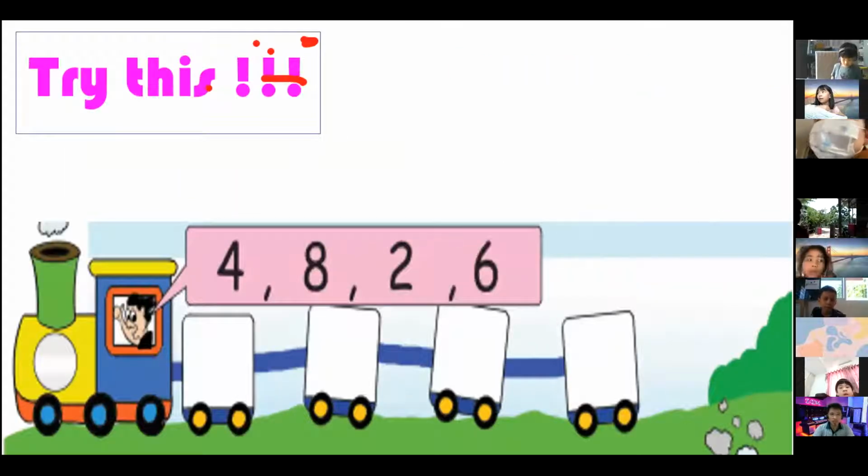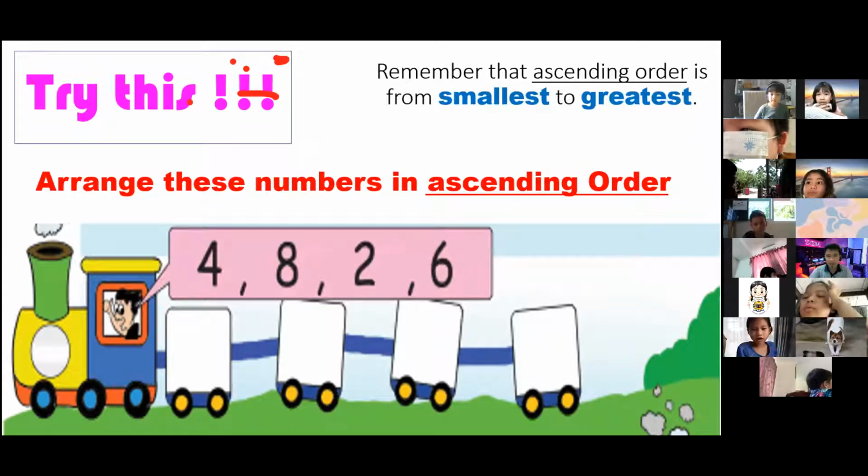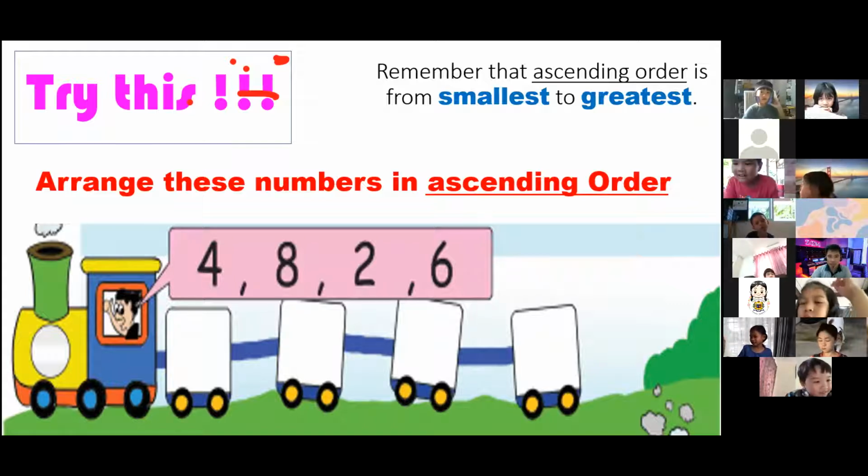Now let's try this one. Let us arrange these numbers in ascending order. Remember that ascending order is from smallest to greatest. What is the first number here?